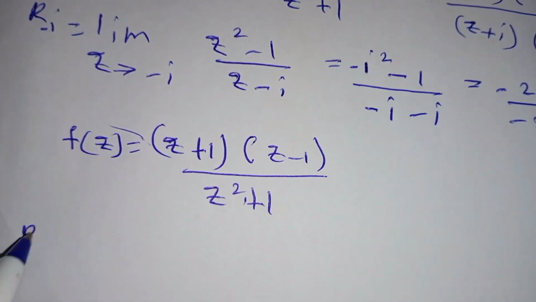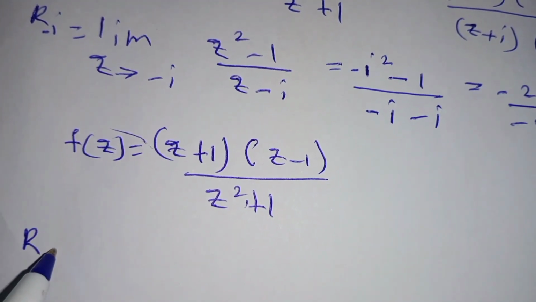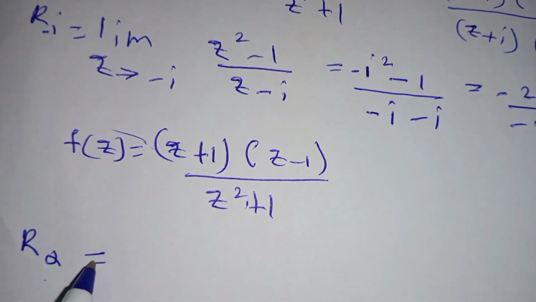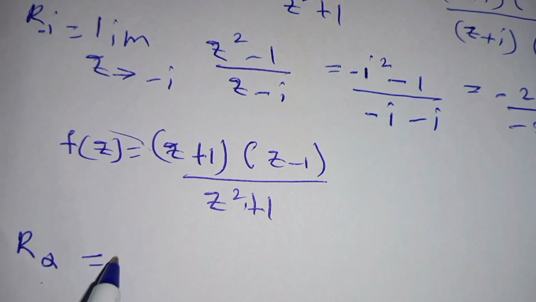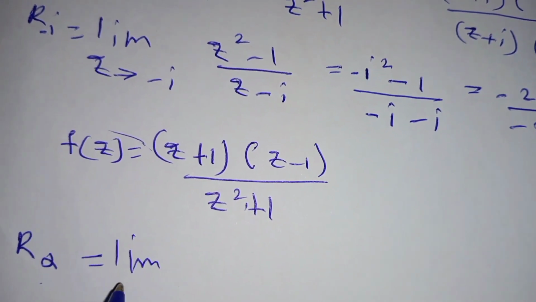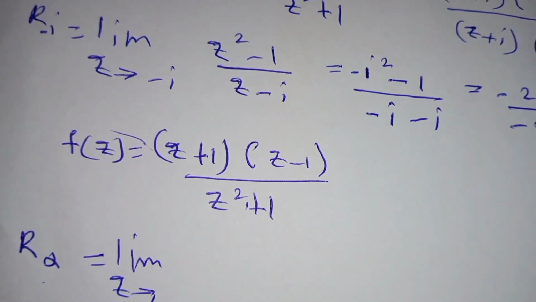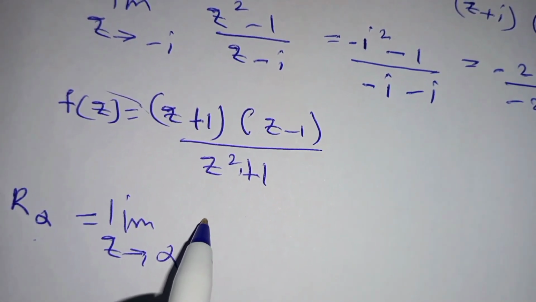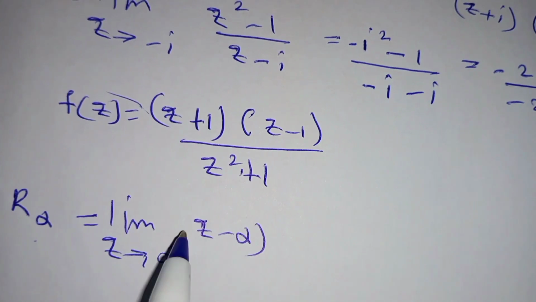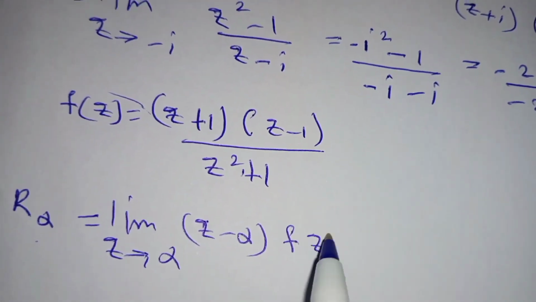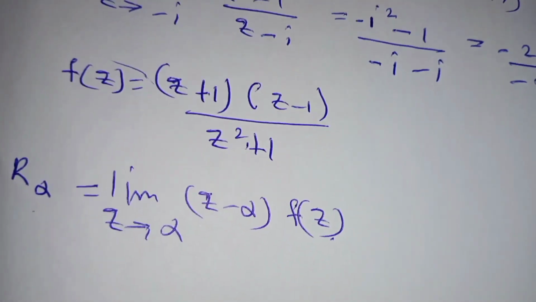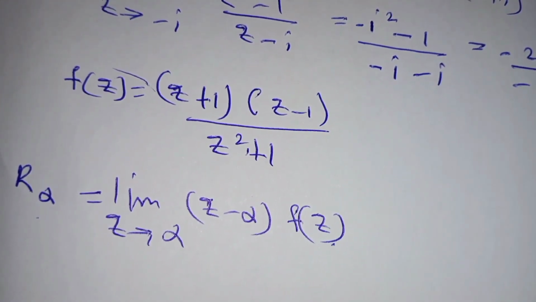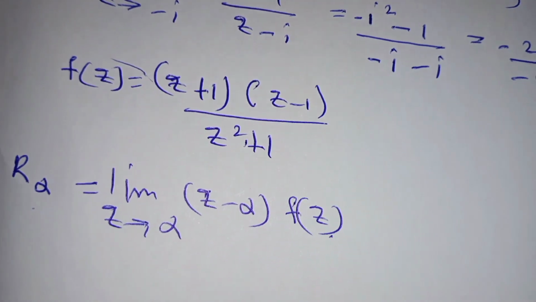Remember, the residue is given where the function is not defined, and it is given by the limit as z tends to alpha of (z minus alpha) multiplied by the given function, and you simplify using L'Hopital's rule and other methods of simplification.